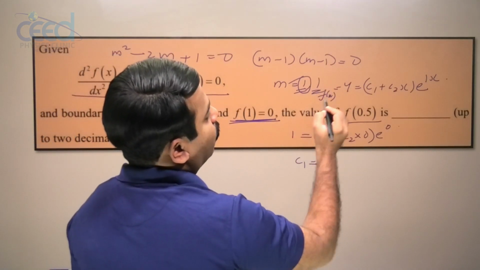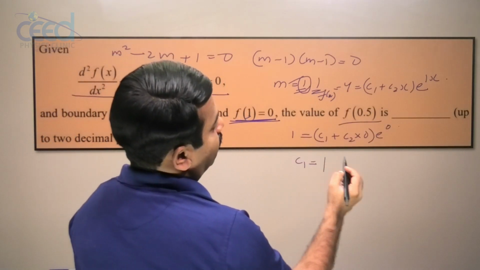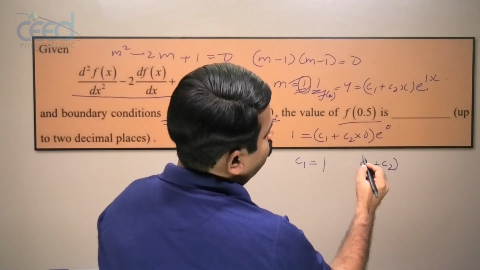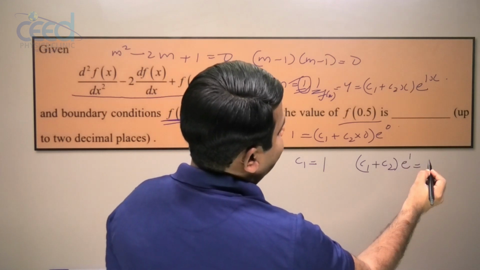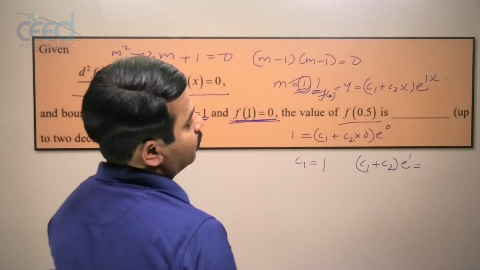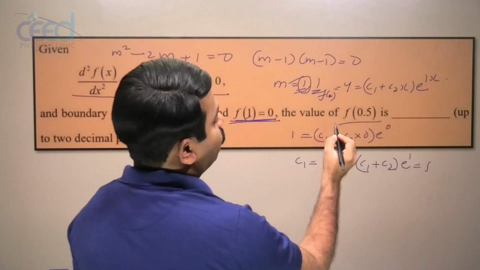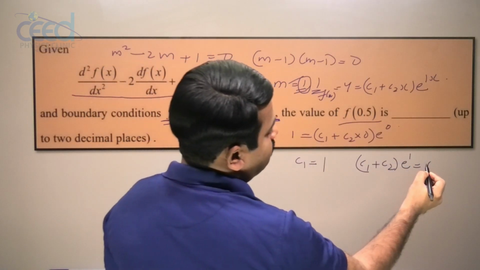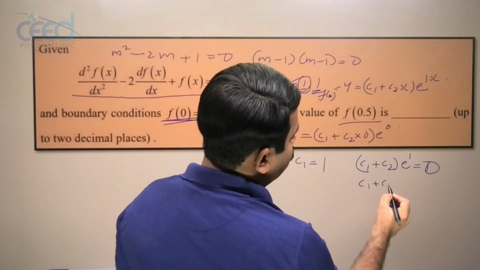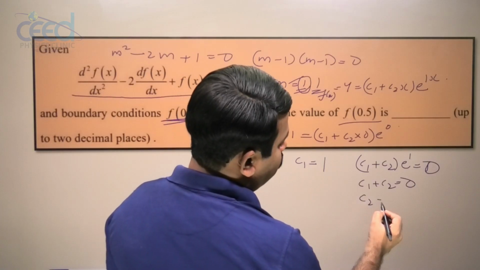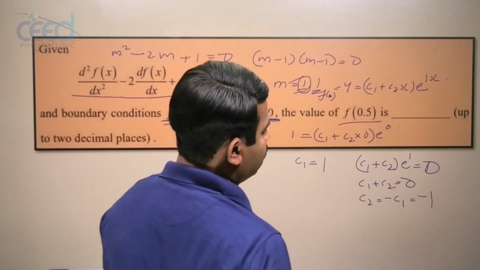Then c1 plus c2 into 1 into e raised to 1 equals f of 1, which is given as 0, so c1 plus c2 is equal to 0. Then c2 is equal to minus c1, that is minus 1.